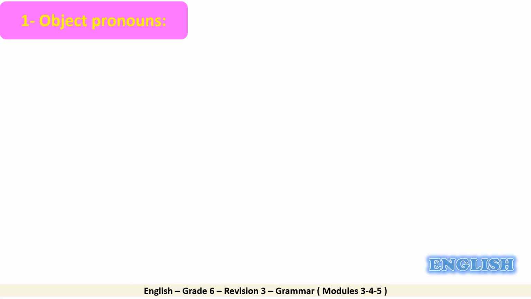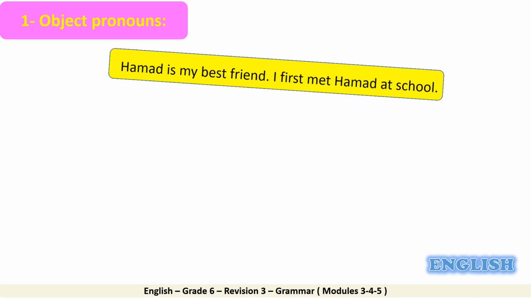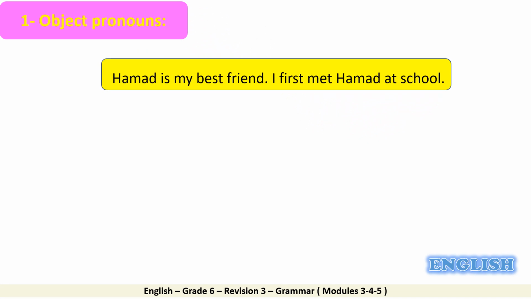Let's begin our revision with number 1, object pronouns. Have a look at sentence number 1. Hamad is my best friend. I first met Hamad at school. What do you notice here? Great, there is a repetition of Hamad here and Hamad in the second part of the sentence.